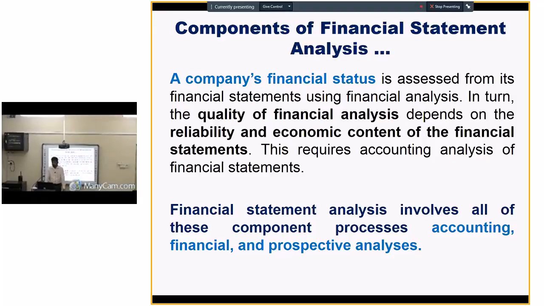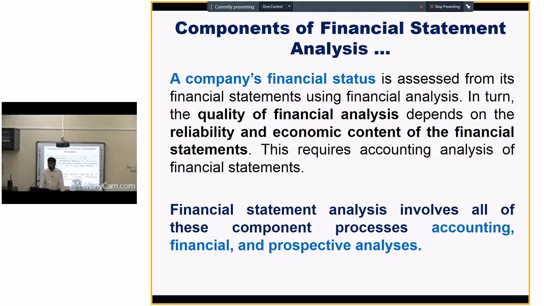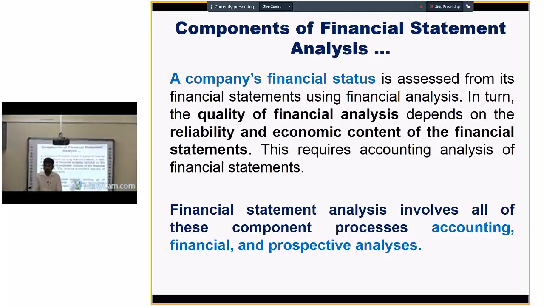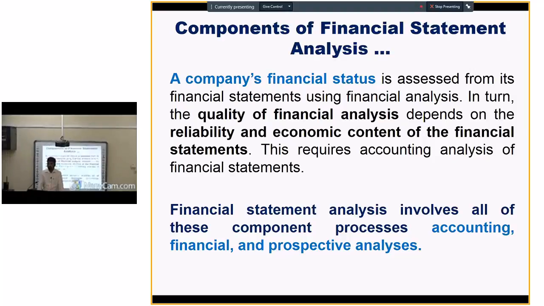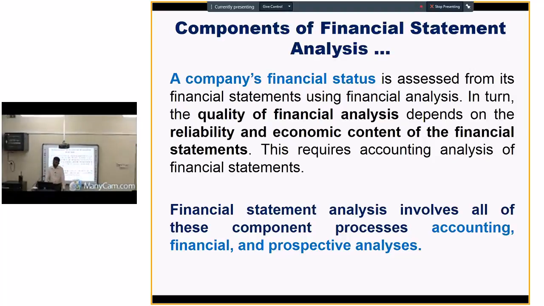Then if you think about the financial statements, what are the main ones? Income statement, that means comprehensive income statement, then statement of financial position, cash flows and notes to the accounts. Then those are prepared by accountants or the organizations.